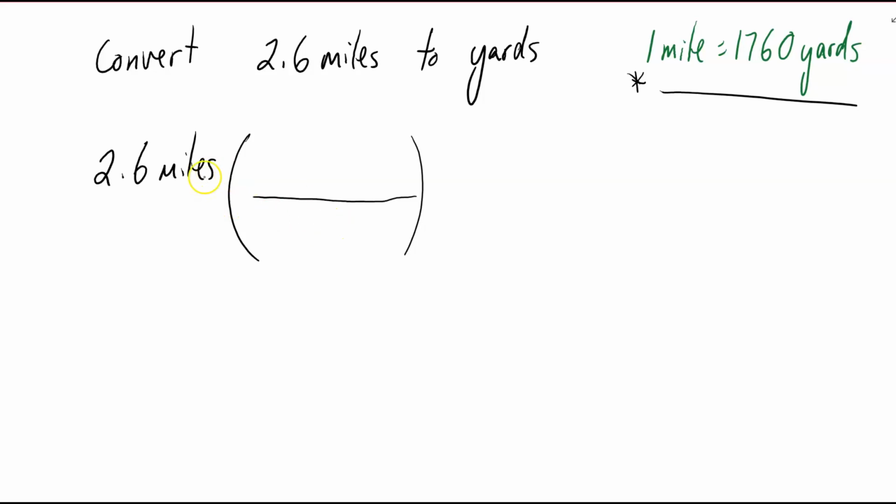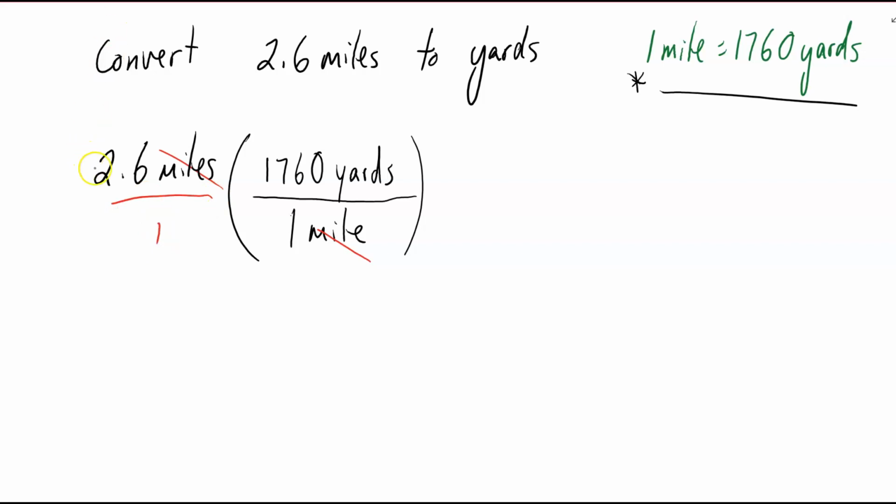So therefore, the miles that is in the numerator here should get canceled if I put 1 mile down here. And in the numerator, 1,760 yards. And double check that your units cancel.